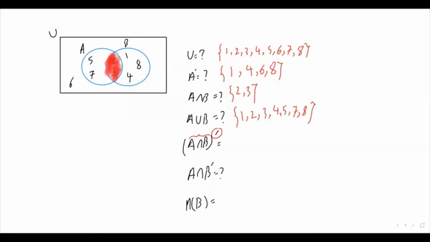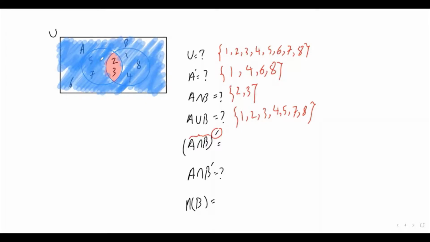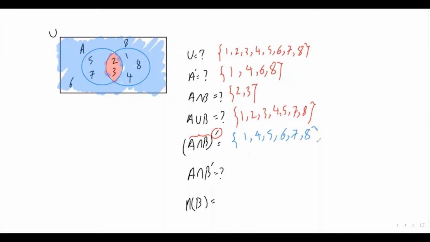Can you imagine this region, 2 and 3? Now, what is the complement of 2 and 3? It means everything except 2 and 3, everything that is outside that region, but inside the universal set. And I have shaded that in blue. That means it's 1, 4, 5, 6, 7, 8, right?